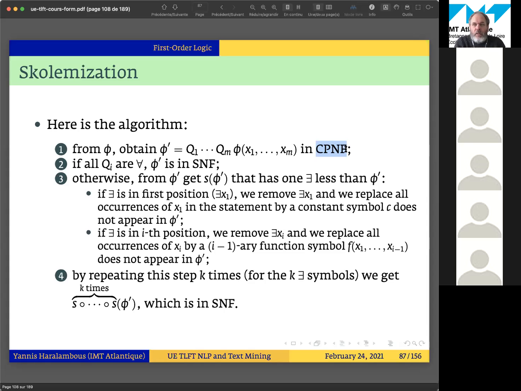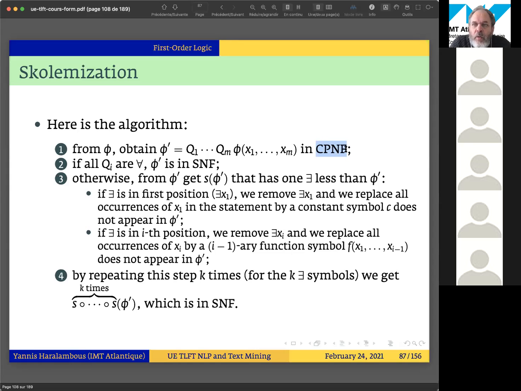Intuitively, this means if there exists such an X, then I can give it a name. I can choose one of its values, because when I say it exists, there may be more than one value of X for which this happens. I choose one value and I give it a name.